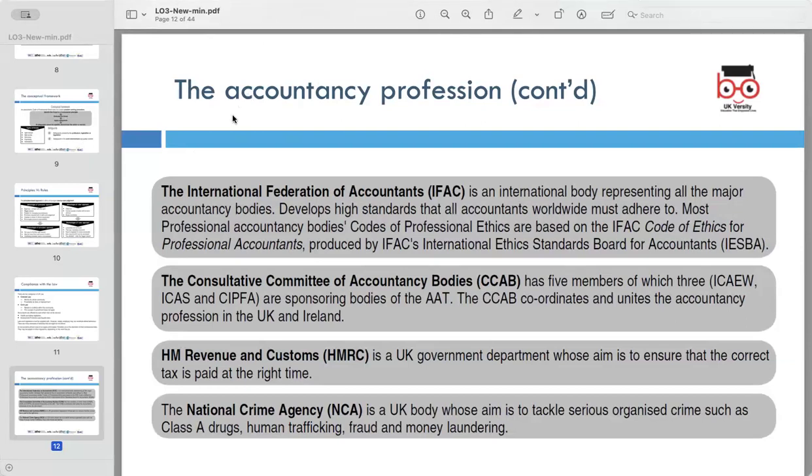So you know that the International Federation of Accountants, IFAC, basically serves as an international body representing major accountancy bodies worldwide. It developed high standards that all accountants must adhere to, with many professional bodies basing their ethical codes on the IFAC Code of Ethics for Professional Accountants.